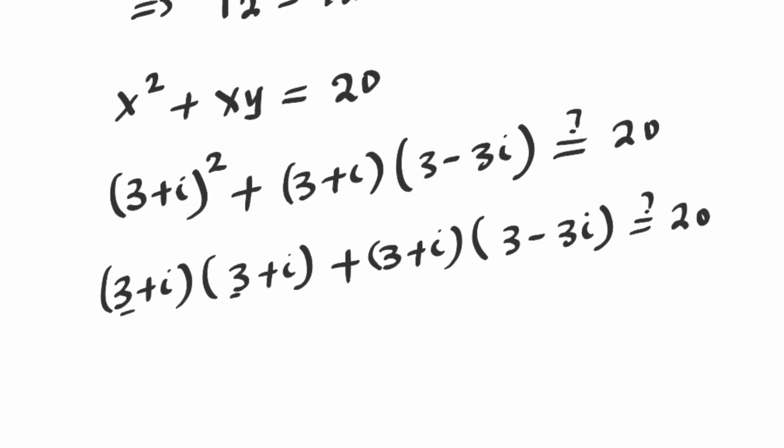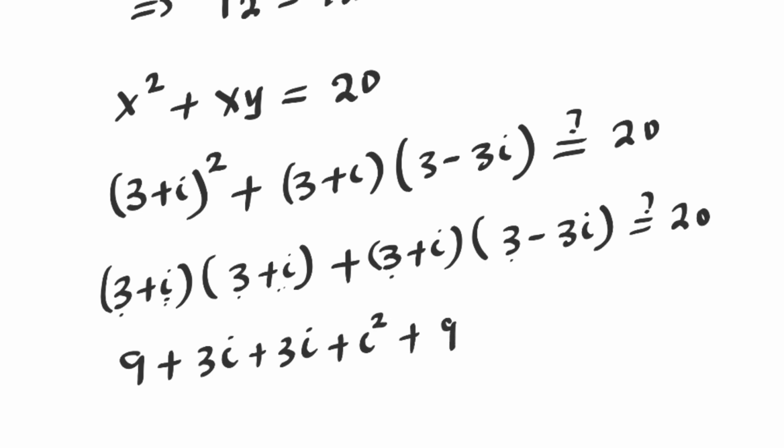This 3 times 3, that is 9. Then 3 times i, that is plus 3i. i multiplied by 3, this is plus 3i. Then i multiplied by i, we have plus i squared, plus 3 times 3, this is 9.